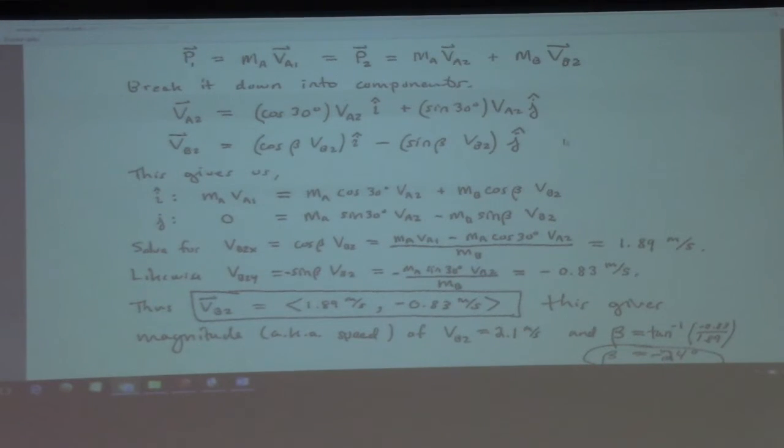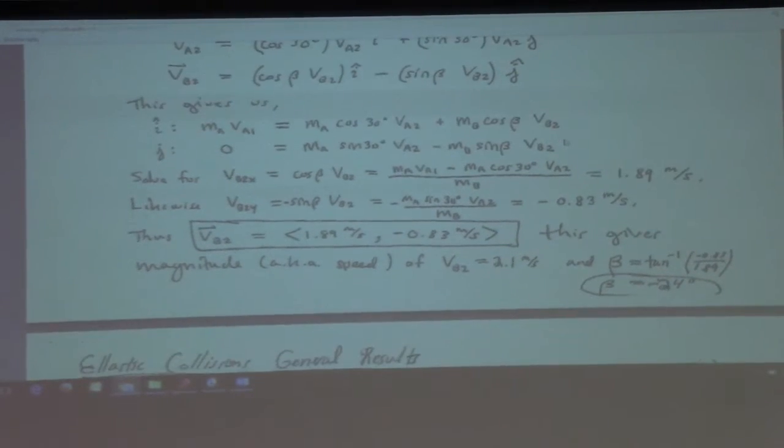I get minus 24 degrees for beta, and the square root of the sum of the squares gives me 2.1 meters per second. I've asked a question like this on many tests. I usually ask because I want to see, can you add vectors? Do you understand that momentum conservation, generally speaking, is a vector equation? You have to think in terms of vectors.